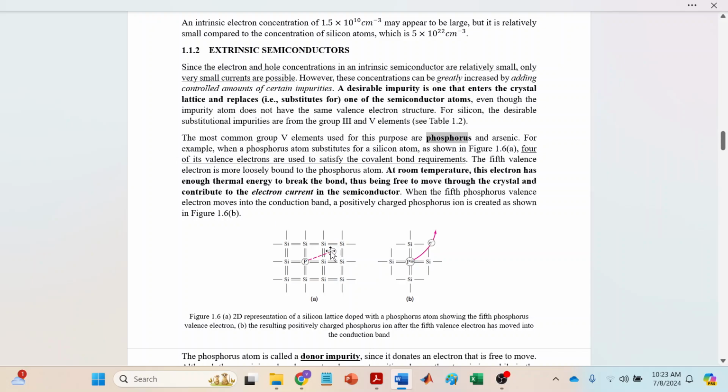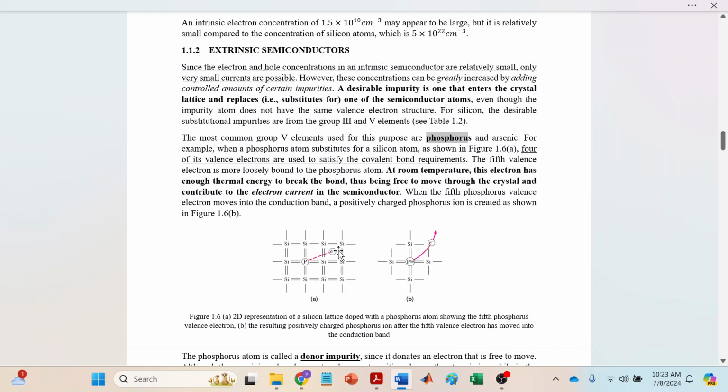It contributes to electron current in the semiconductor. And when this 5th electron moves to the conduction band, a positive charged ion is created on the phosphorus. So the phosphorus becomes positively charged. Remember that the net charge in a semiconductor is 0.